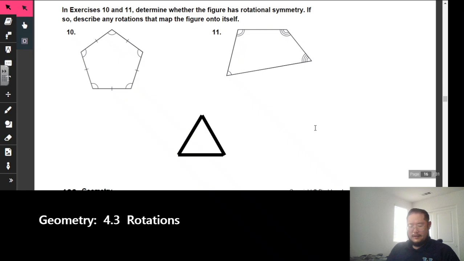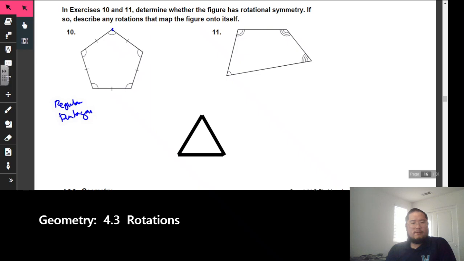So let's put that together right here on number 10. First things first, this right here is a pentagon. It's a regular pentagon. So remember, it must be regular for us to use this rule. How do I know it's regular? All sides are congruent, all angles are congruent. So let's go ahead right here.